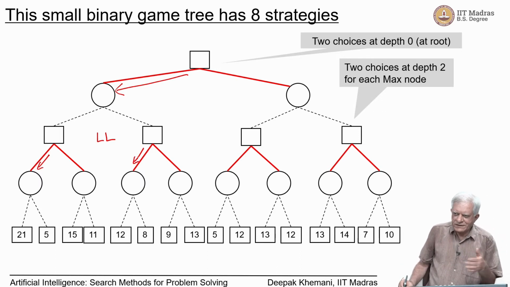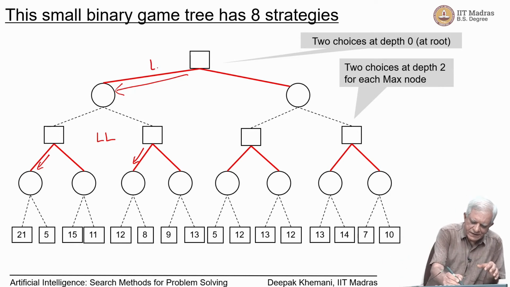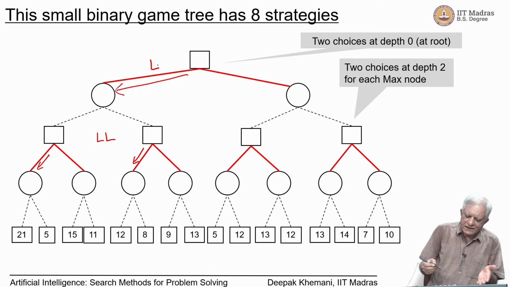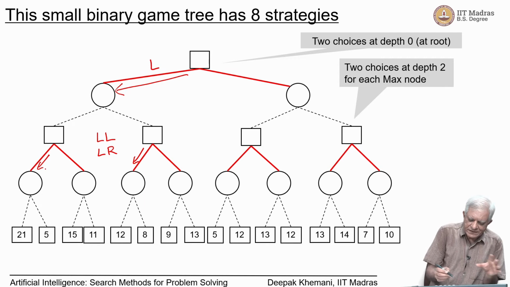So, this is just a notation that we will use for determining how many strategies exist. So, max after choosing the top move at the top, which is L, it can choose LL at the next level. It can also choose LR at the next level, which would mean that it chooses the left branch for its left subchild and the right branch for the right subchild.